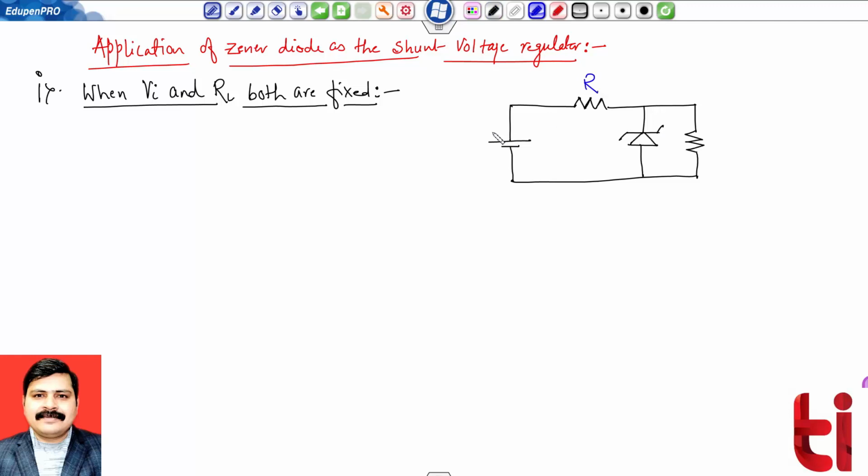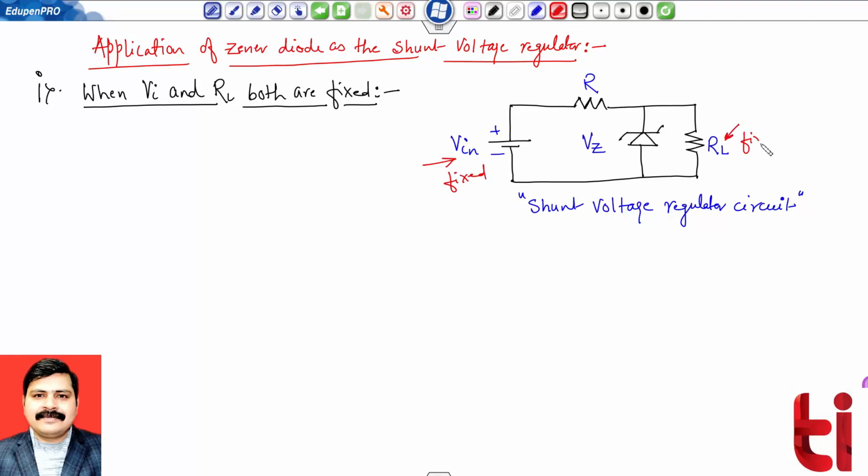Series resistance R, input voltage I have applied V in. This is a Zener diode of value Vz. This is my shunt voltage regulator circuit. In the first case, we have seen that this quantity V in is fixed and this RL is also fixed.